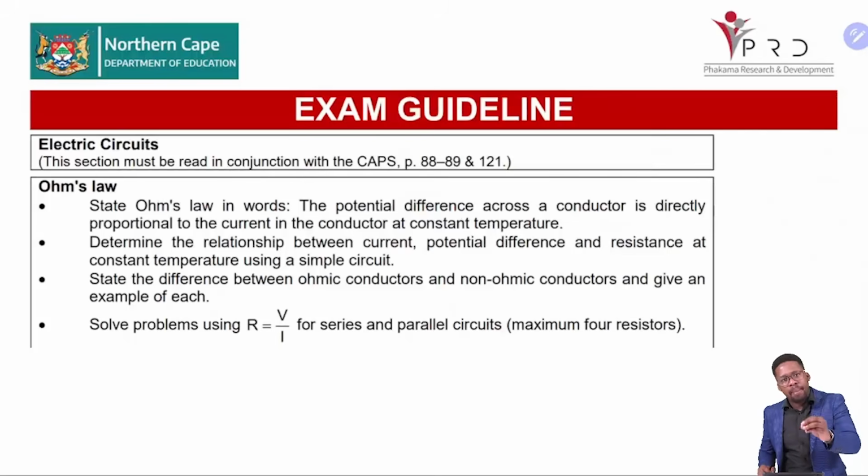According to the exam guideline of 2021, it says that the potential difference across a conductor is directly proportional to the current in the conductor at constant temperature. That's what the exam guideline is saying.